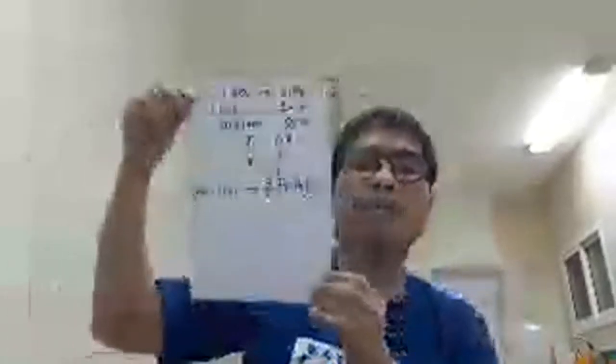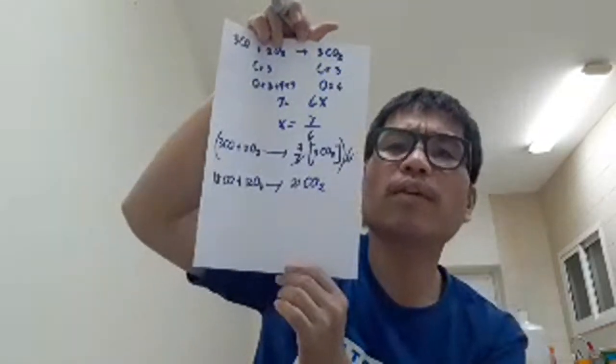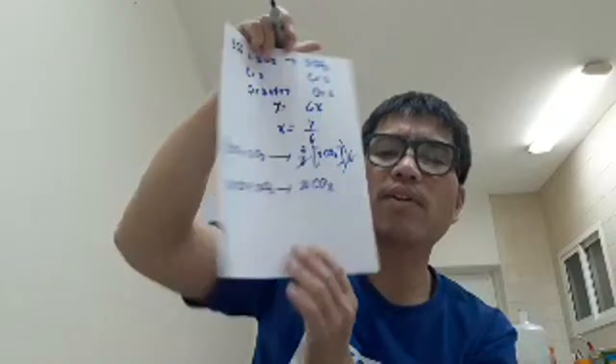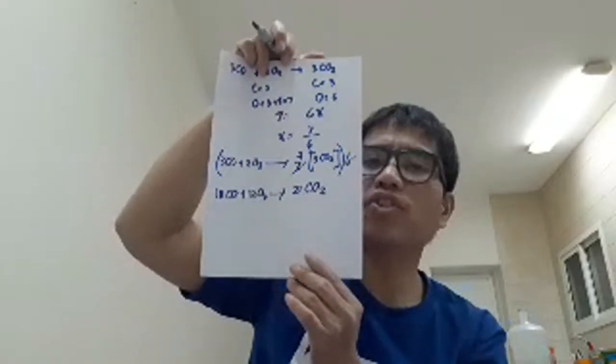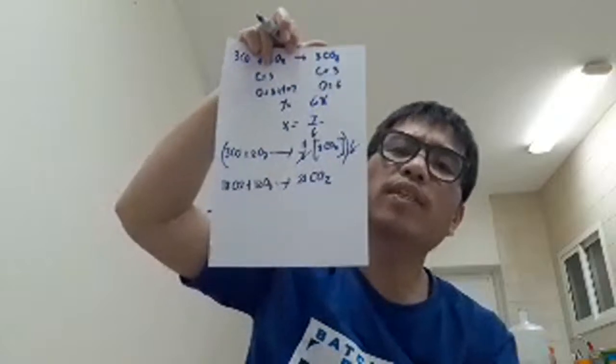So cancel 6, 6. So 6 times 3, 18CO plus 12 O2 plus 7 times 3 is 21 CO2. This is our balancing now. So very big coefficients. Try to simplify that by using the least common denominator.